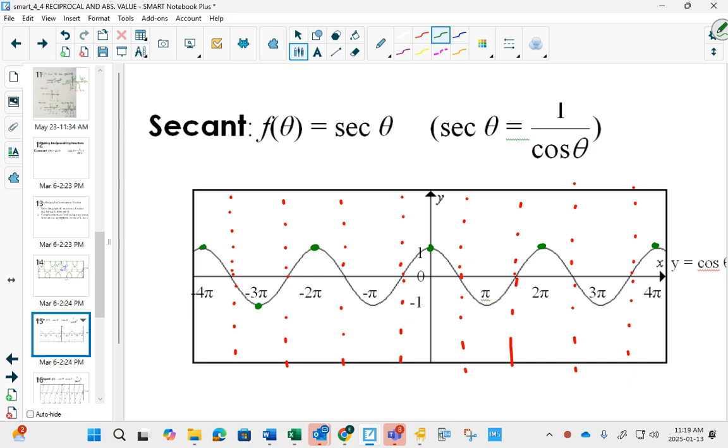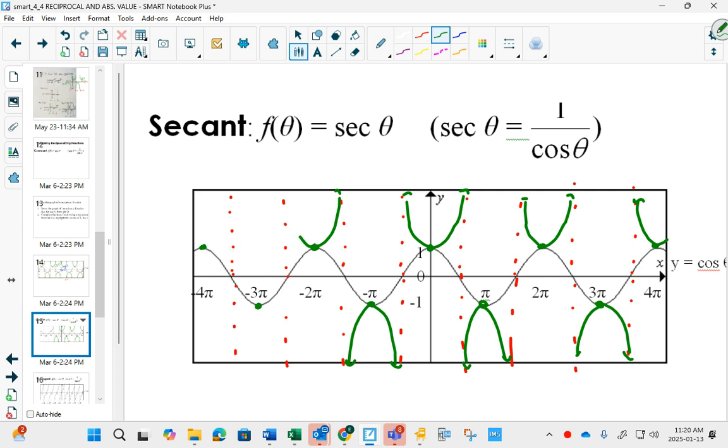And same thing with -1. Those will all be the same. And then towards the asymptotes, and there you have your graph of secant.